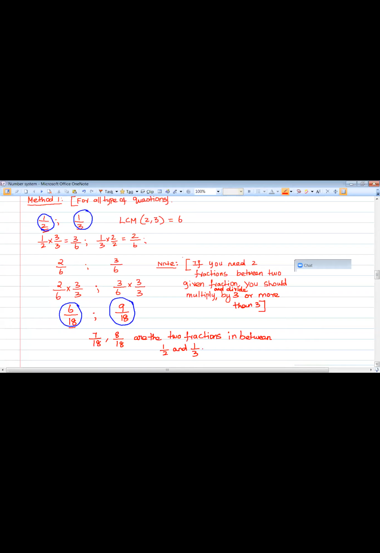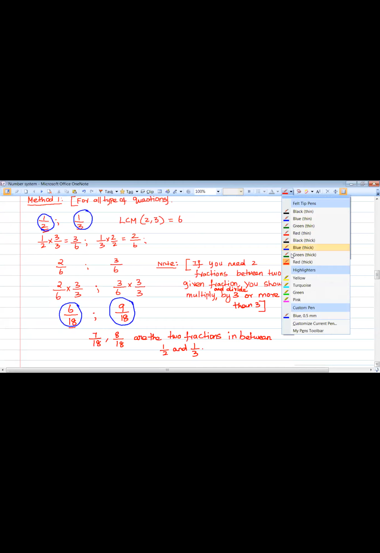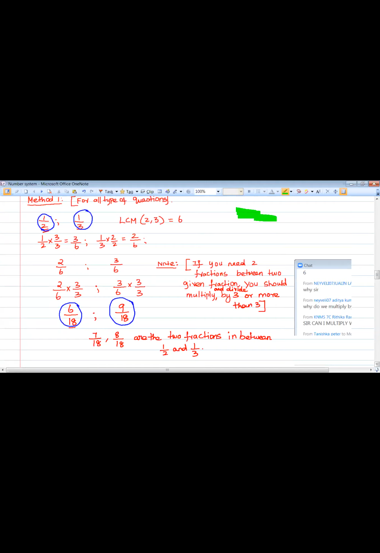Now I will tell you what will happen if you multiply by 2. Here I will explain it. Okay, if you multiply by 2, what will happen?